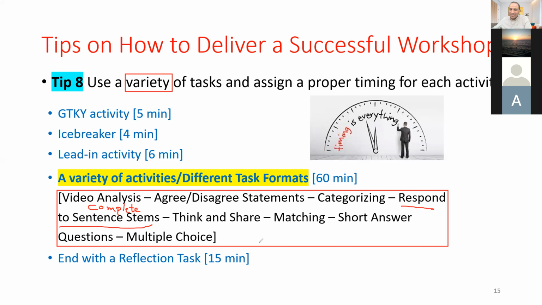For example, if I have low-level learners in class, can you complete this sentence? And you ask the teachers to finish the sentence, to respond to the sentence stem.